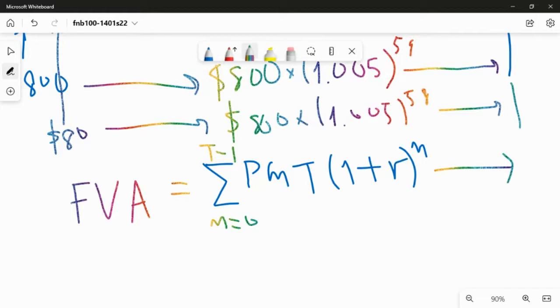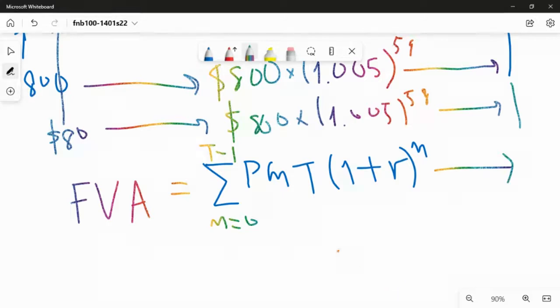So annuity sounds like something annual only. No, not only annual. It can be monthly, it can be quarterly, it can be even daily. It can be also annual. So to be defined as annuity, the payment or deposit must be in regular amount and at regular interval. Okay, that's the definition of annuity.